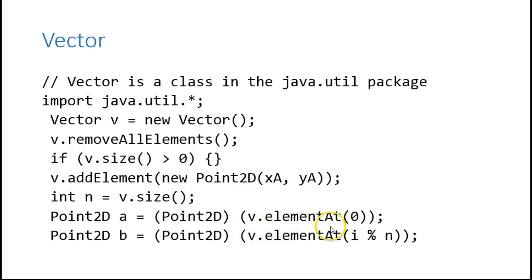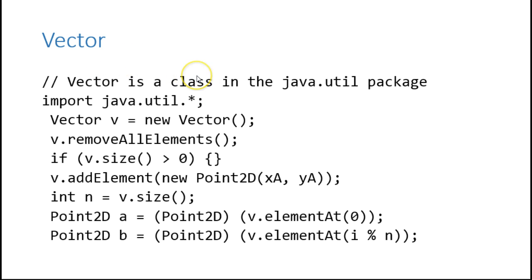So what's being stored in here are really just being seen as raw objects until we cast them. So we have to use this casting to say read this object as a point2d, as an object of type point2d. So when we pull it out, we have to use this parentheses stuff. Like I said, this is kind of an old-timey implementation, and the vector class itself is deprecated.